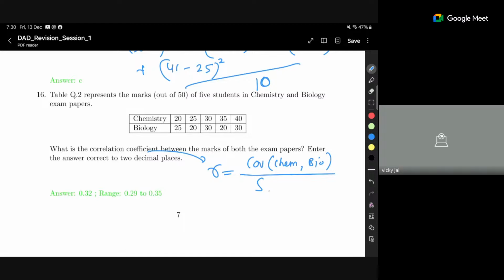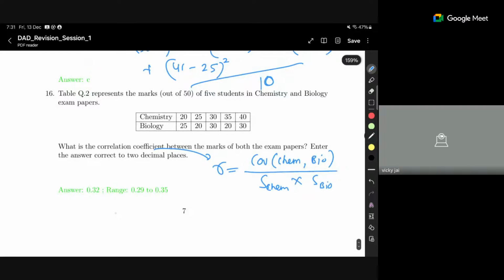It doesn't matter, because covariance also has the same denominator. So you take either sample covariance and sample standard deviation, or population covariance and population standard deviation. For chemistry I'll find the standard deviation and multiply with the biology standard deviation. So this you have to do, and you can get it, right?